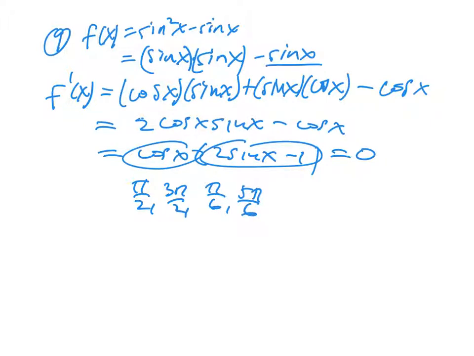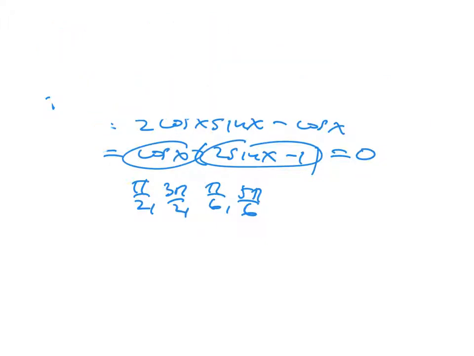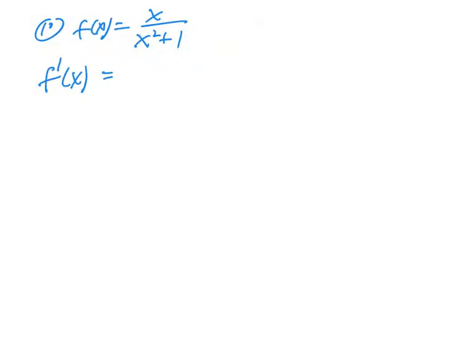Okay, number 10, we're going to need more room because I can see already we're going to have to use the quotient rule here. So number 10, f of x is equal to x over x squared plus 1. When is the second derivative equal to 0? So first derivative is, now I see a quotient, so you need to use the quotient rule.